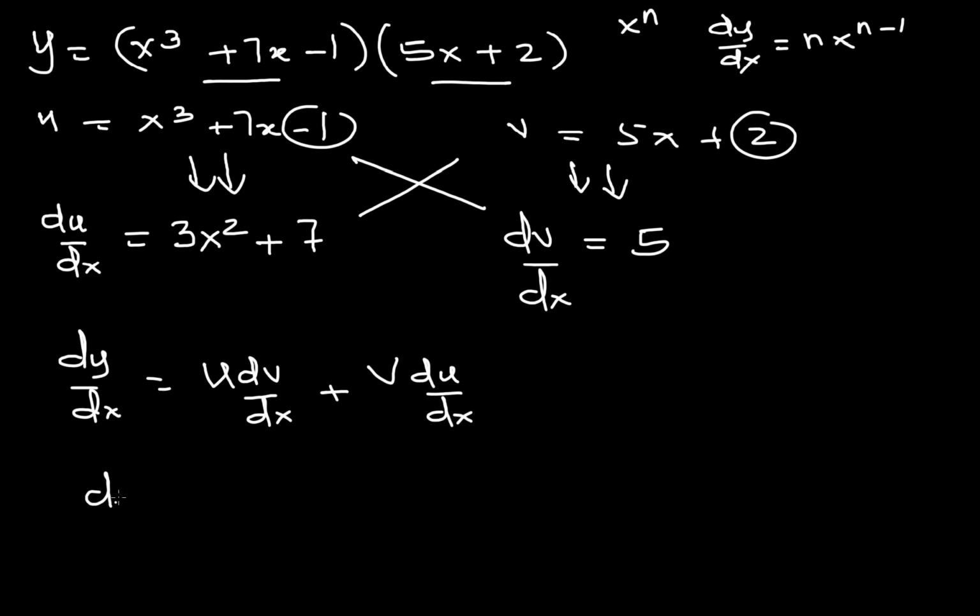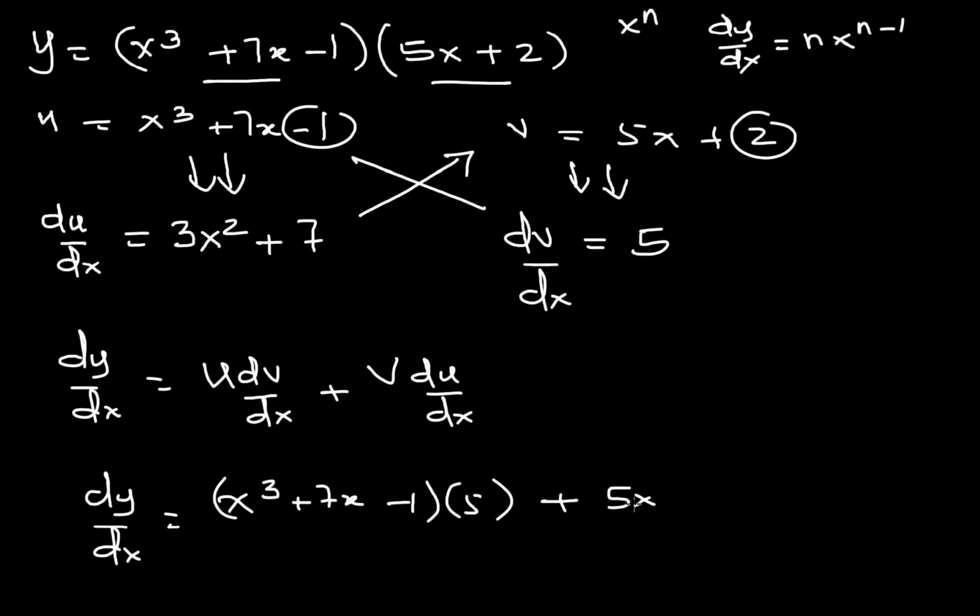So we're going to say dy/dx is equal to, we start with this function here, u. So we say x^3 + 7x - 1 times 5, then plus the other arrow points there. So we get this first, 5x + 2, that's this one.